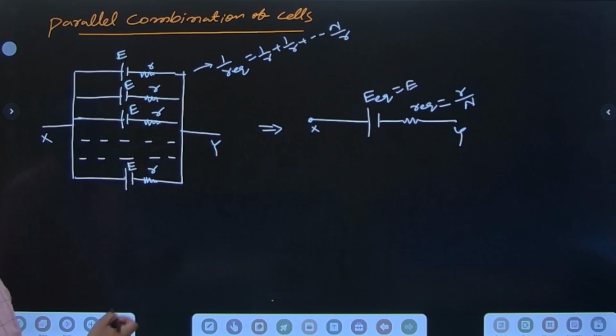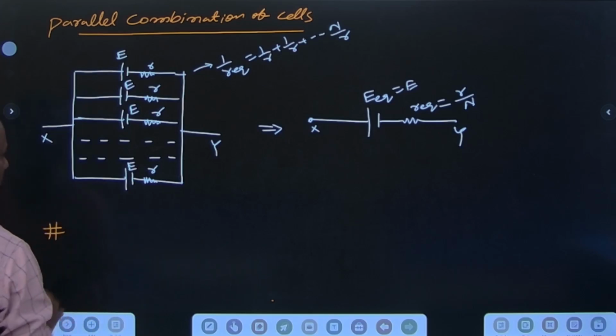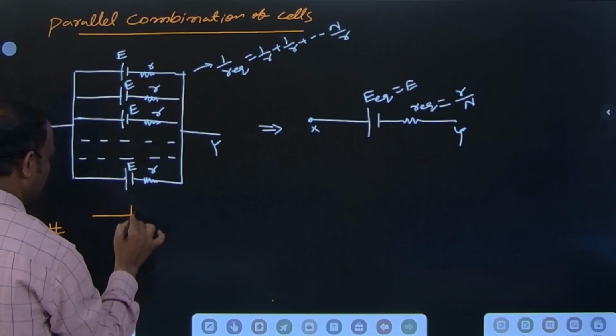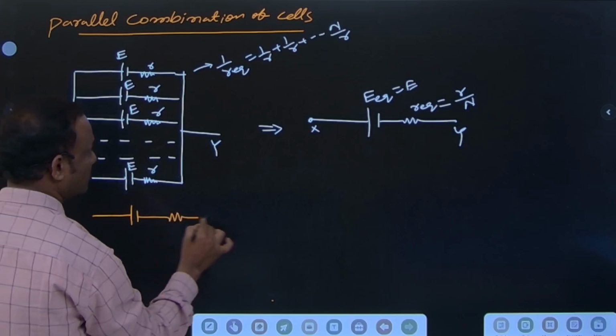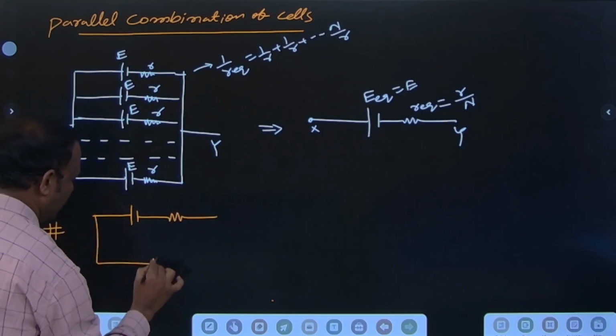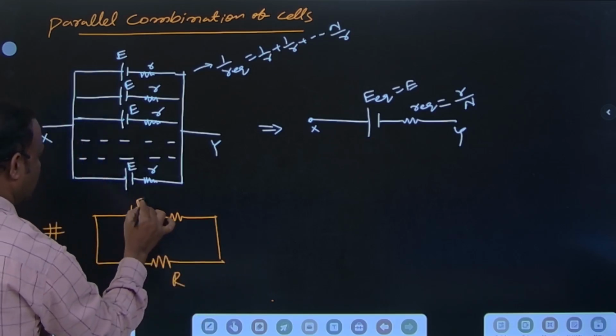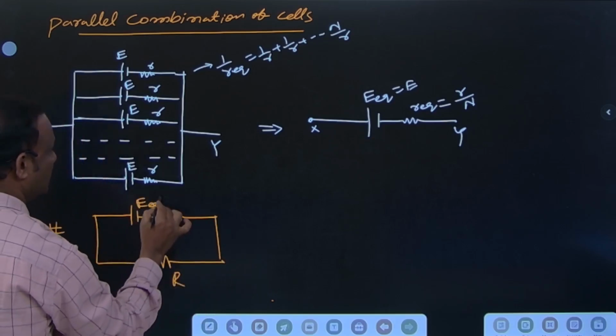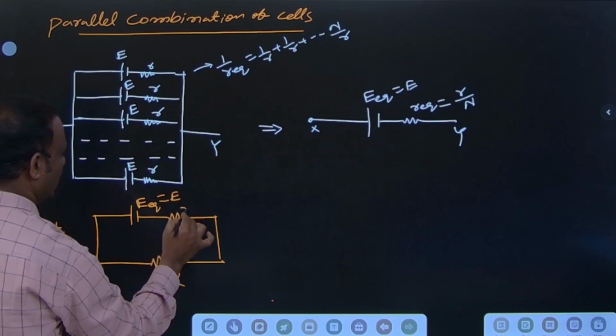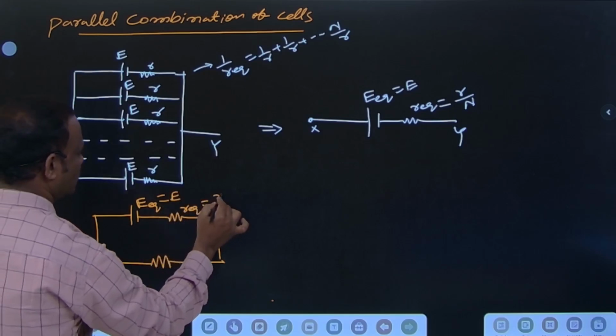If the same setup is connected to the external resistor R, E effective is E, and R equivalent is r by n.